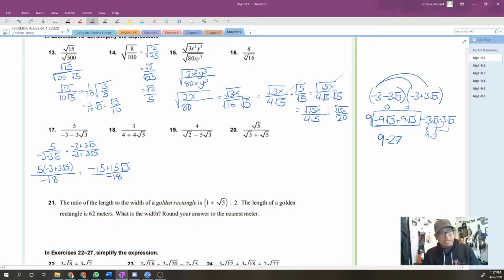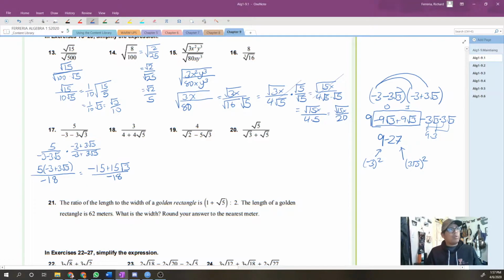I apologize, that's not the easiest thing, but we can notice something interesting. When we FOILed, this part right here was negative 3 squared, and this part right here was 3 rad 3 squared. So when you multiply the conjugate by the conjugate, you actually create a difference of squares.